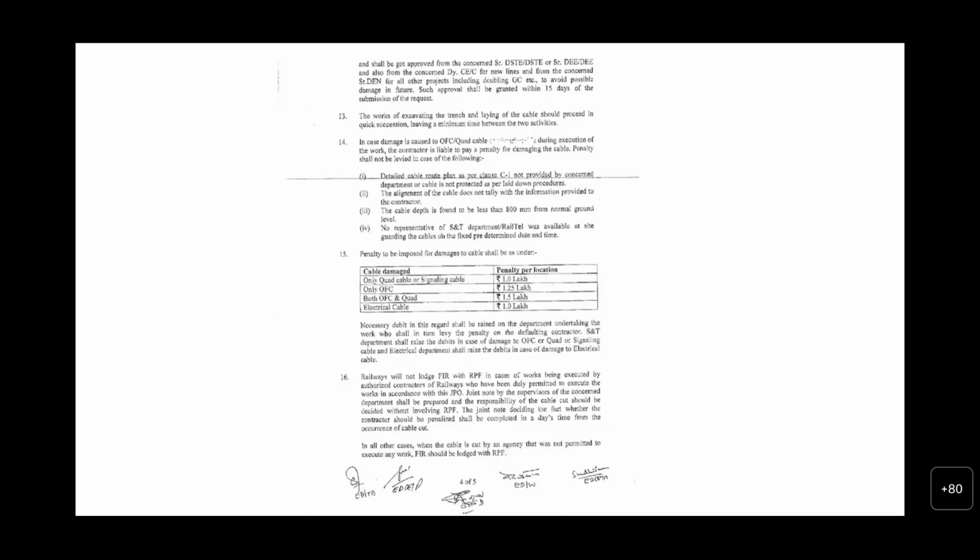Fourth, no representative of the SNT department or Railtel was available at the site for guarding the cable on the fixed predetermined date and time. So you call them and you are not available, it is problematic for us to impose the penalty. I hope I answered your question.